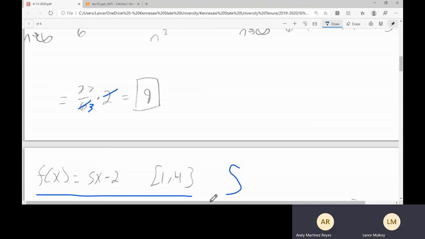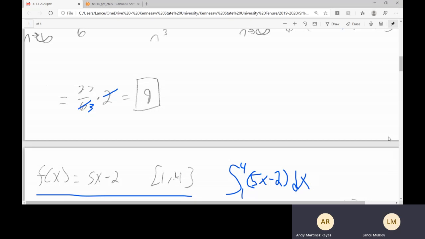You plug in your bounds. What's your first step? Finding the antiderivative. Yeah, that's the part I got stuck on.